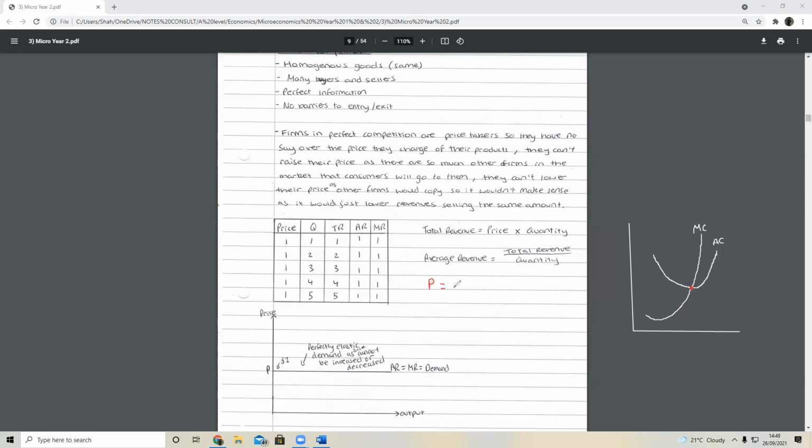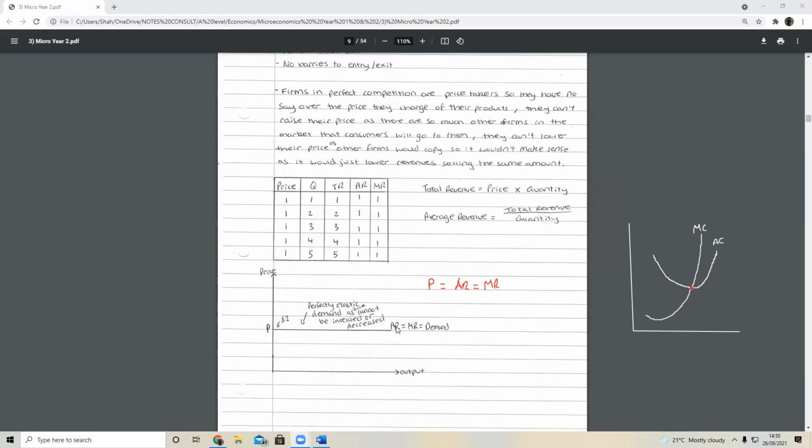P is equal to AR is equal to MR. And so this is what we can see from this graph here. This is £1, so this is the price level. Remember in micro, we have price on the y-axis and output on the x-axis, yeah?